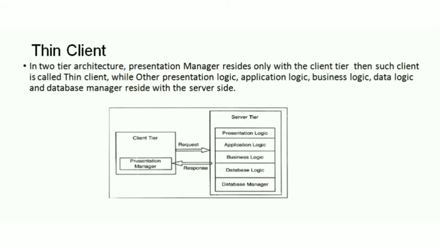So first, what is a thin client? In the two-tier architecture, if the presentation manager resides only with the client tier, then such a client is called a thin client, with the presentation logic, application logic, business logic, data logic and database manager residing on the server side. So this is defined as the thin client.